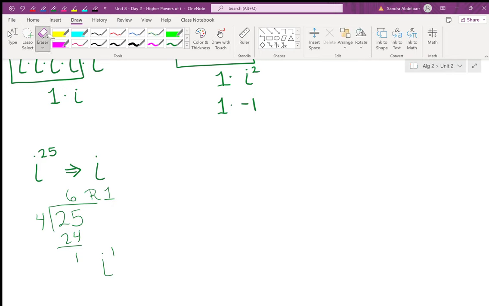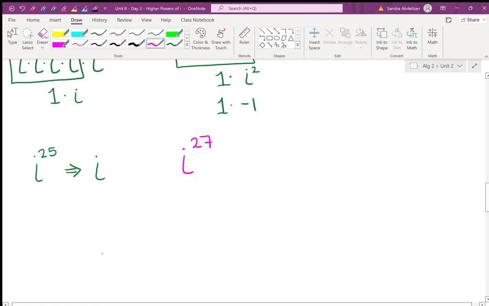So if you see the shortcut, how would we do i to the 27th power? If you see the shortcut, what would we do with i to the 27th power? You have a remainder of 3, so then it would just be negative i. You got it.